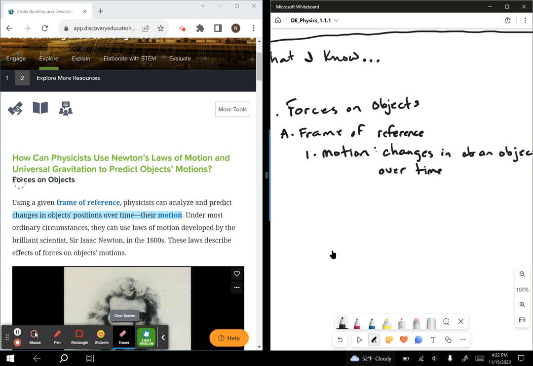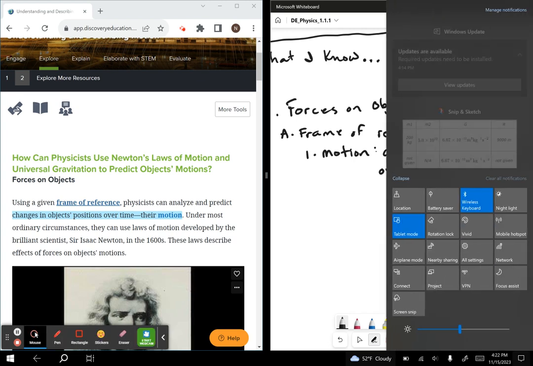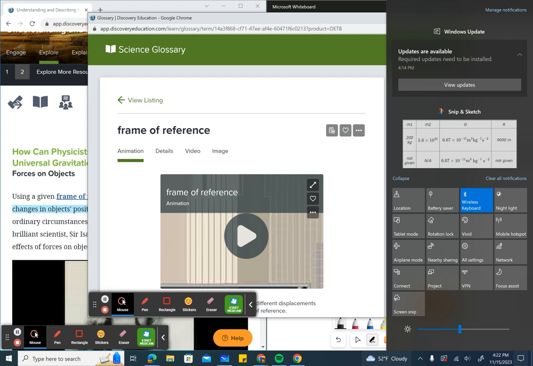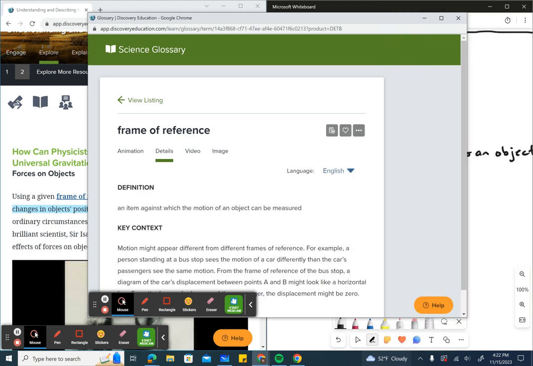If we are curious enough and want a good working definition for frame of reference, we just have to click the vocabulary. Let's take this off of tablet mode for a second. And there we go, frame of reference. A detailed definition says an item against which the motion of an object can be measured.